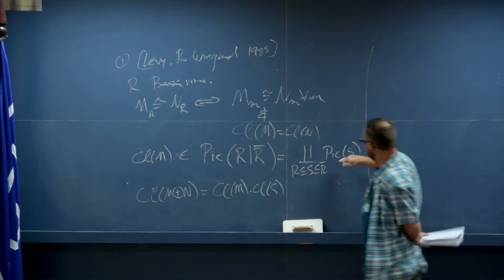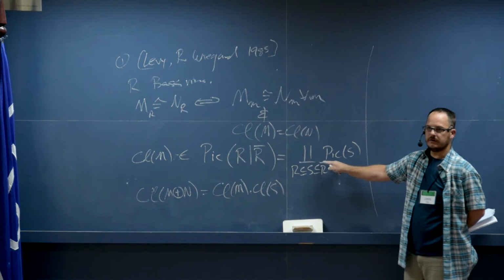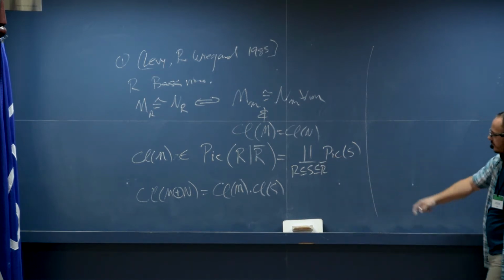So it turns out that this is a disjoint union, and it's a semigroup with respect to that operation.